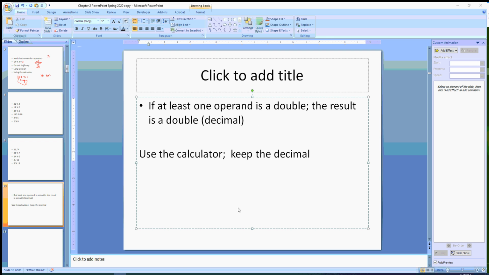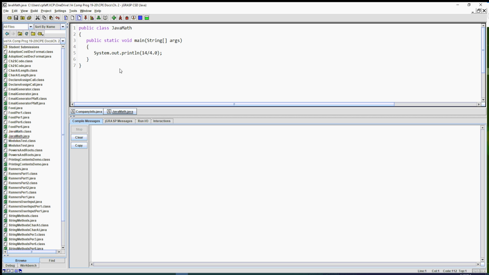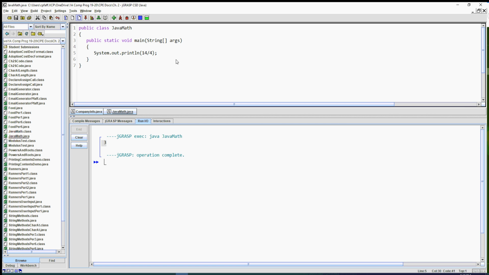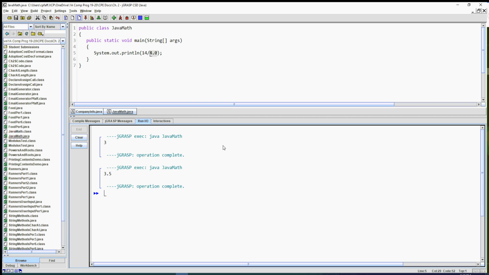Looking at JGrasp, what happens is we have 14 divided by 4, which we had before, and we saw that that ended up giving a 3. But now notice that if we just add a 0.0 up here, that means the first operand is an int, the second operand is a double, and since at least one is a double, what it's supposed to do is do the decimal.